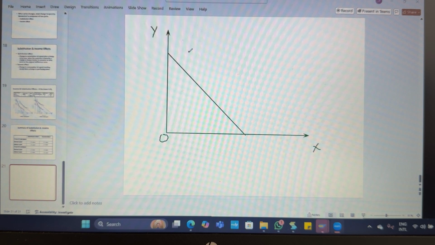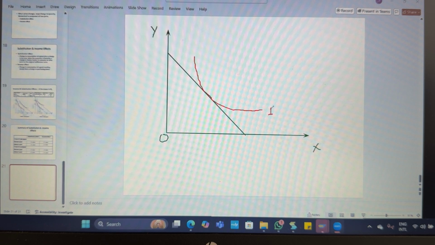Then we take the initial indifference curve as well. Our initial indifference curve we draw like this. Sorry, very tough to draw. Okay, this is much better.